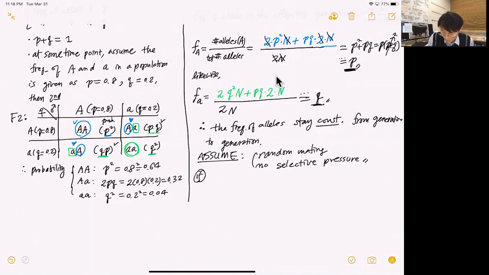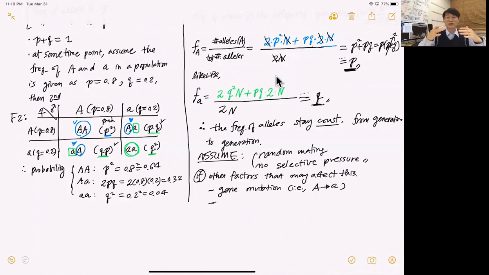Other factors may affect this, for example gene mutation, such as large A becoming small a, or assuming this population has influx or outflux from other societies, which means gene flow into the population.